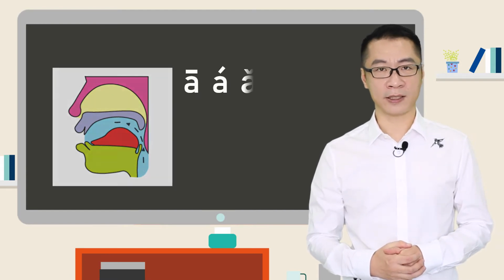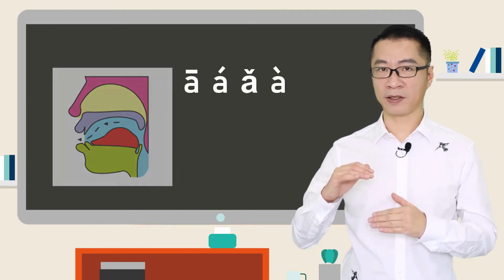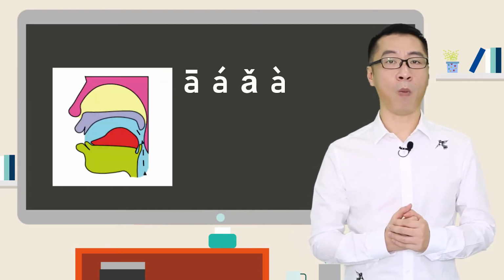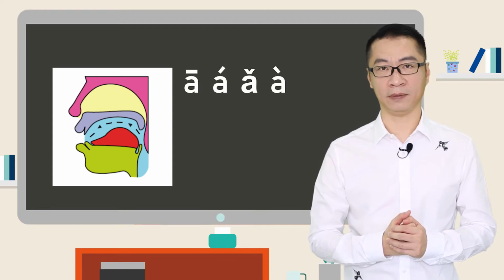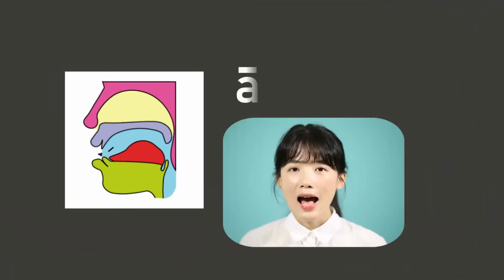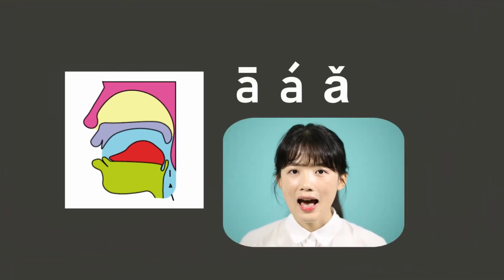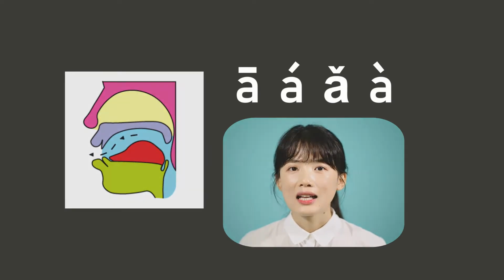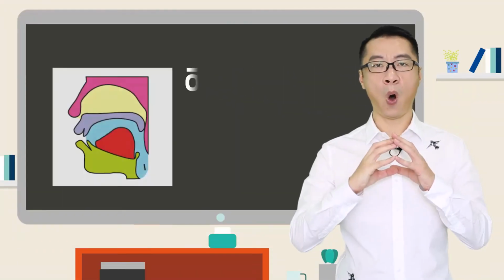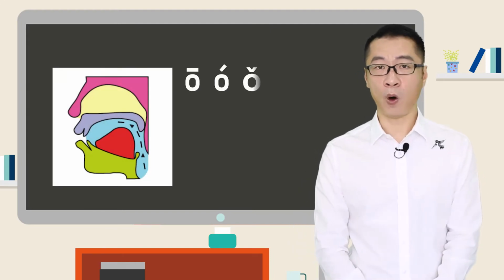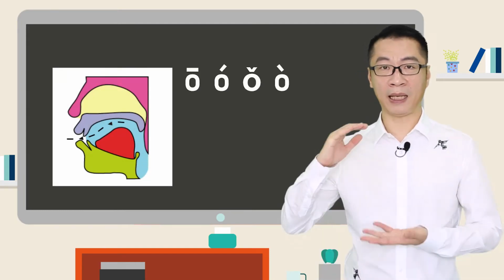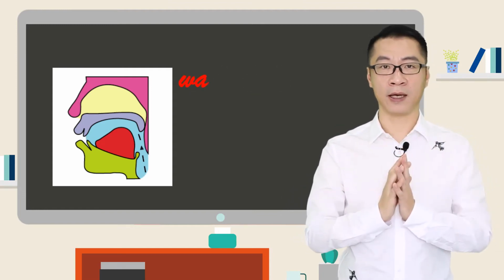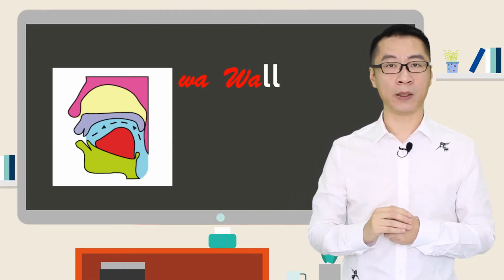To pronounce a, the tongue remains in a natural, relaxed position, and the mouth is wide open. For o, the mouth is half open, the tongue rises up a little and the jaw goes backward. The mouth is round. It sounds like the O in wall.